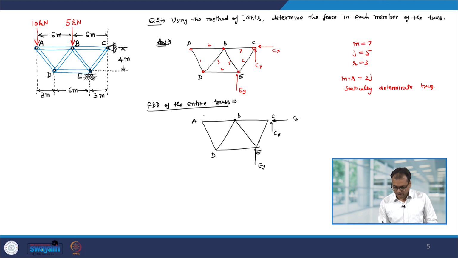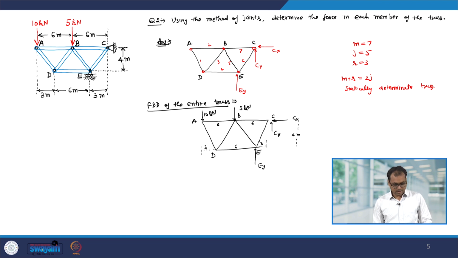Now, at point A I have a force of 10 kilonewton, here I have a 5 kilonewton force, and this is 6 meter, this is also 6 meter, and this distance is 3 meter, this is 6 meter and this is also 3 meter and this one is 4 meter.